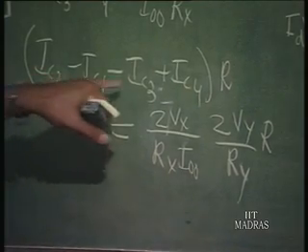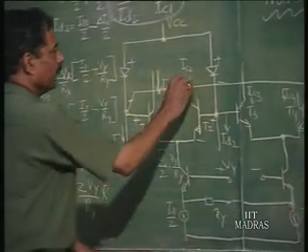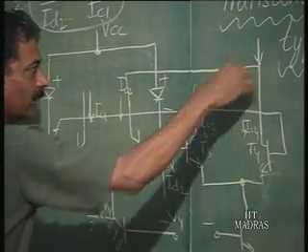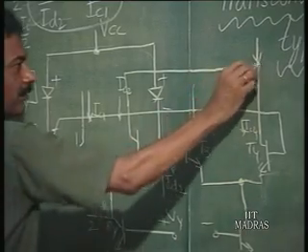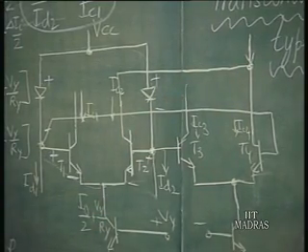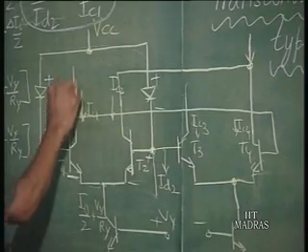Right. So, how do I do that? IC2 plus IC4 simply can be done by connecting those two together. This is the IC2 plus IC4 node. Then IC1 plus IC3, that is going to be these two currents.